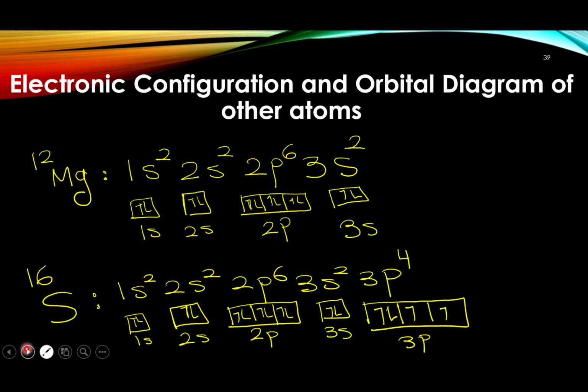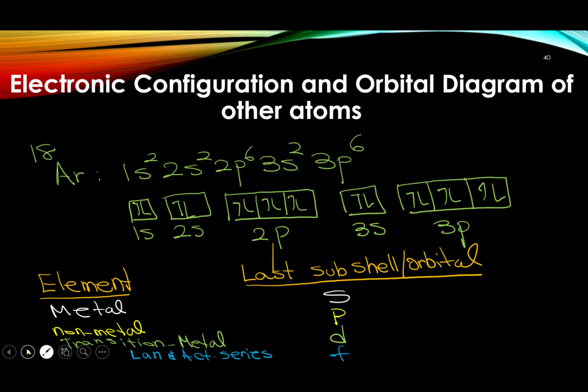Look at magnesium and sulfur. If you give 2 more electrons to sulfur, it will have full 3p orbitals. And that's the reason behind the fact that we say metals lose electrons, non-metals gain electrons.